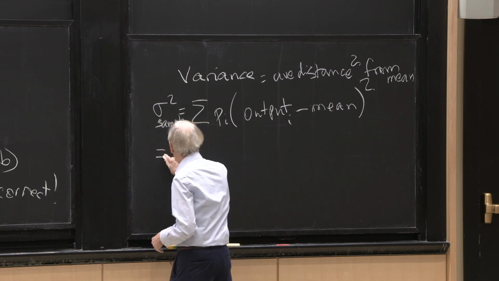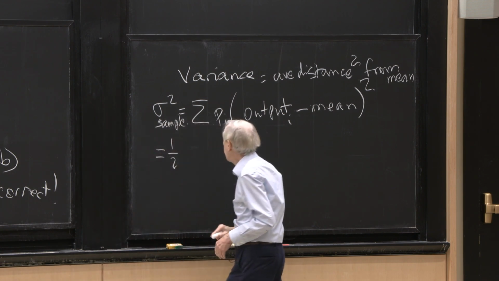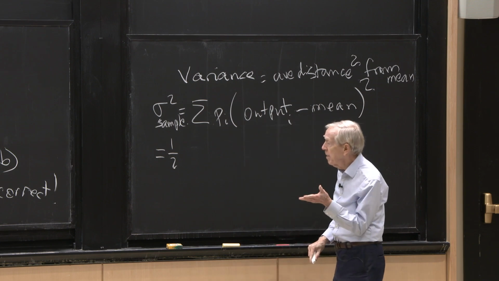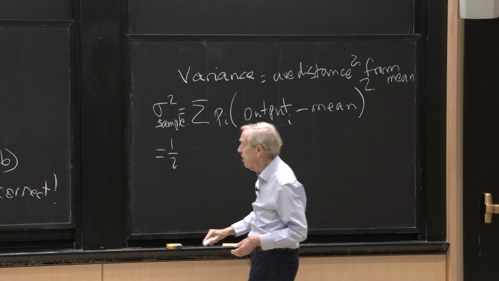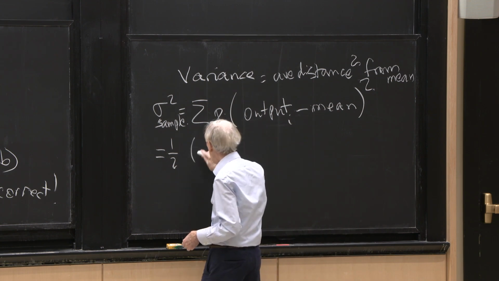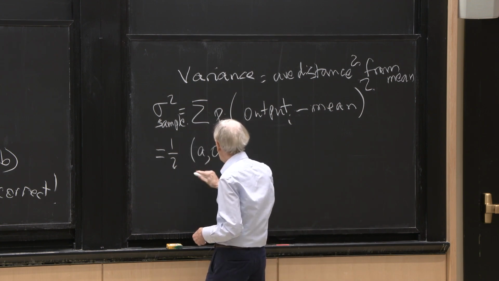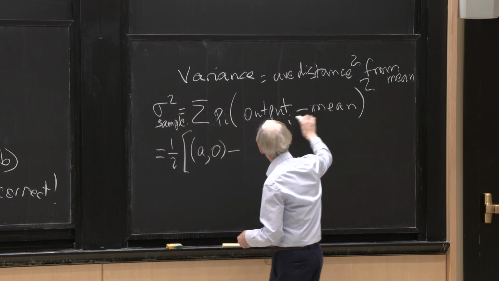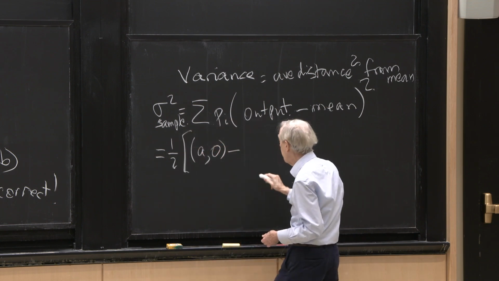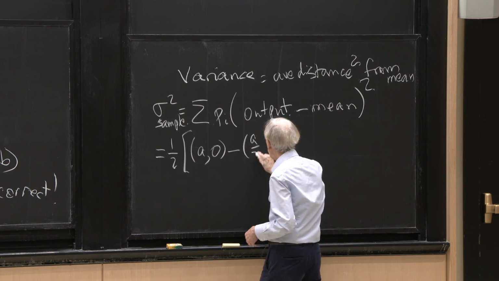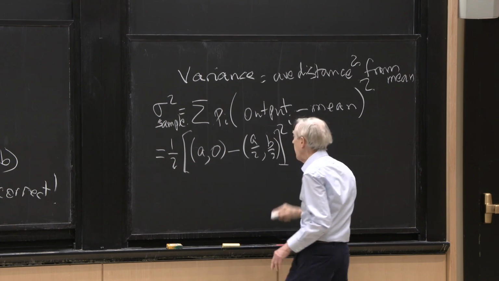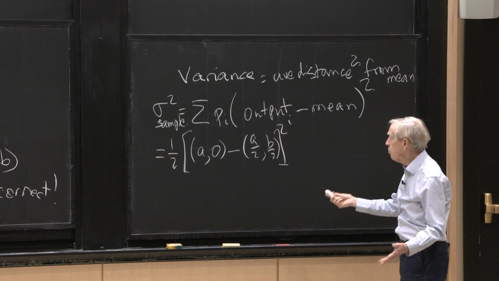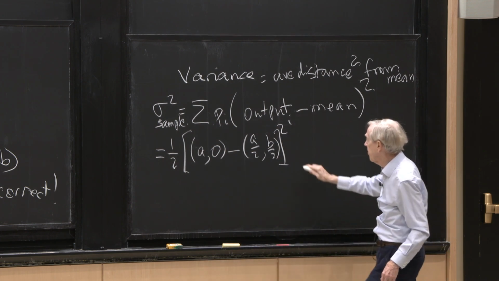So I have 1/2 times the probability times the output. Let's say the output is A0 minus the mean, which was A over 2, B over 2. And I want to square that. So that was one possibility when I picked A0.